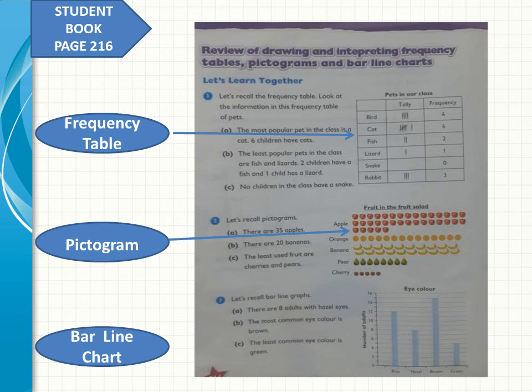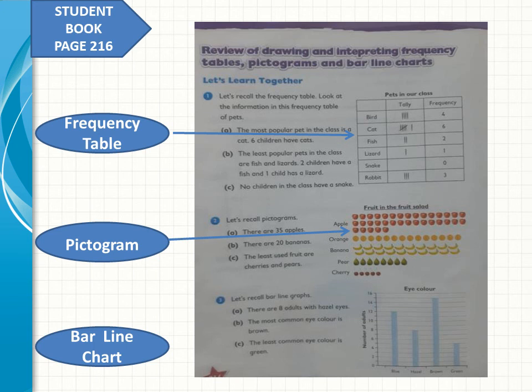But the person must really like apples because apples seem to be the most that we have in the fruit salad. So the pictogram helps us to have a quick understanding of the information that is being presented to us through pictures.